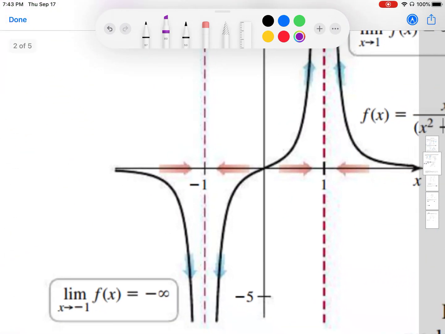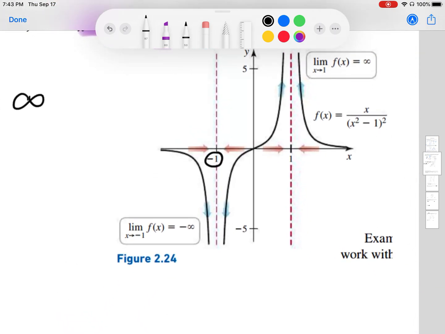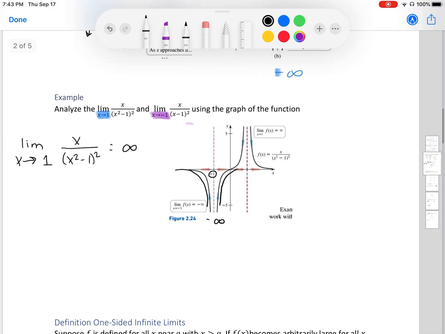We find negative 1 in our graph, and we see that from both the left-hand side and the right-hand side, they're both approaching downward, and it gets bigger and bigger, a larger and larger negative number. So they're continuing on to negative infinity. Along with the same reasoning, for this one we would say that it would equal negative infinity.